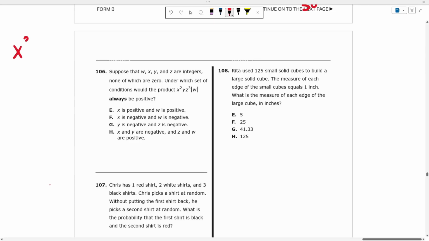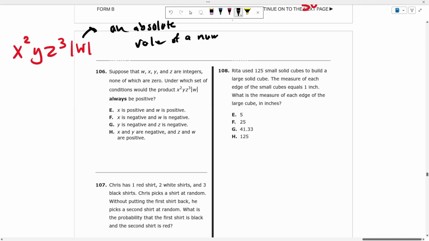There's some numbers that are always going to be positive no matter what. In this case, the obvious one is going to be the absolute value. An absolute value of a number can never be negative. So it doesn't matter what w is equal to. It doesn't matter if w is positive or if w is negative, okay?